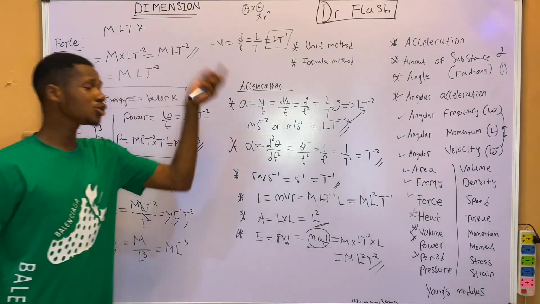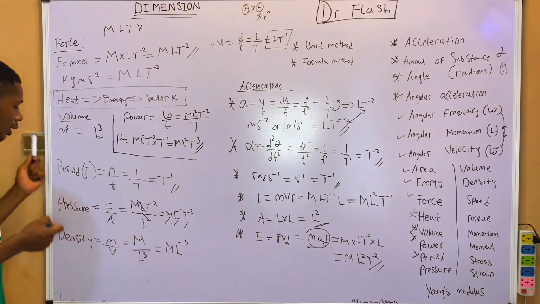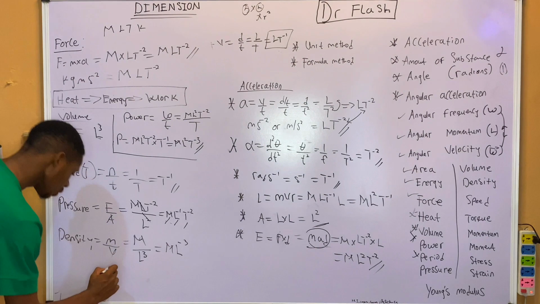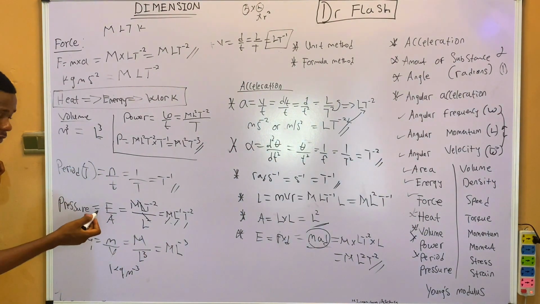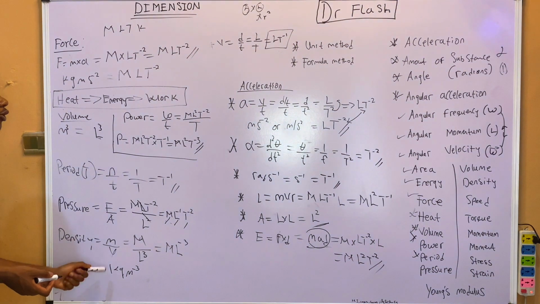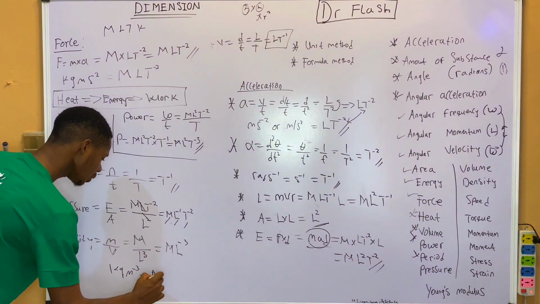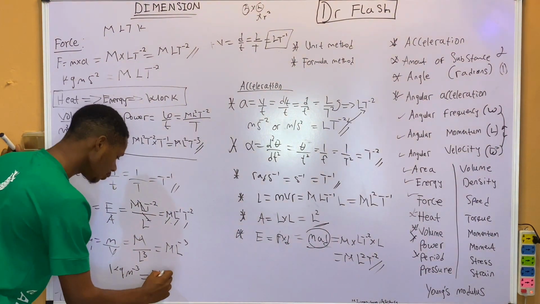We can also get it using the unit method, depending on which one works best for you. Using the unit method, you know that density has a general unit of kilogram per meter cubed. Kilogram represents mass, which from the table I gave has a dimension of capital letter M, and then meter, which is m, has a dimension of L.